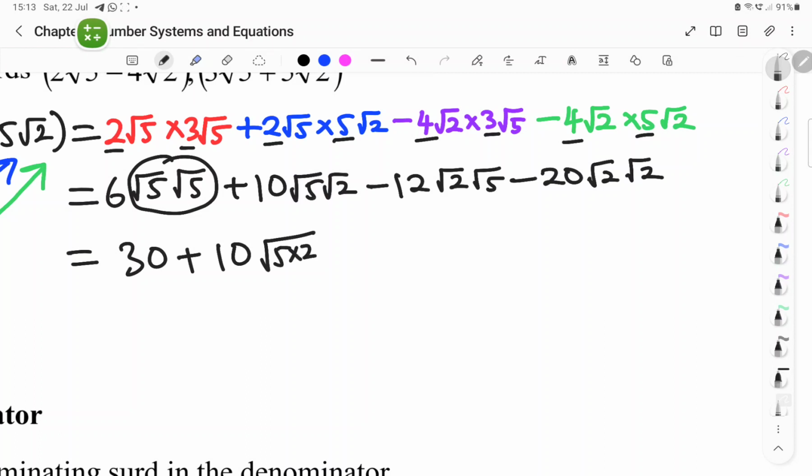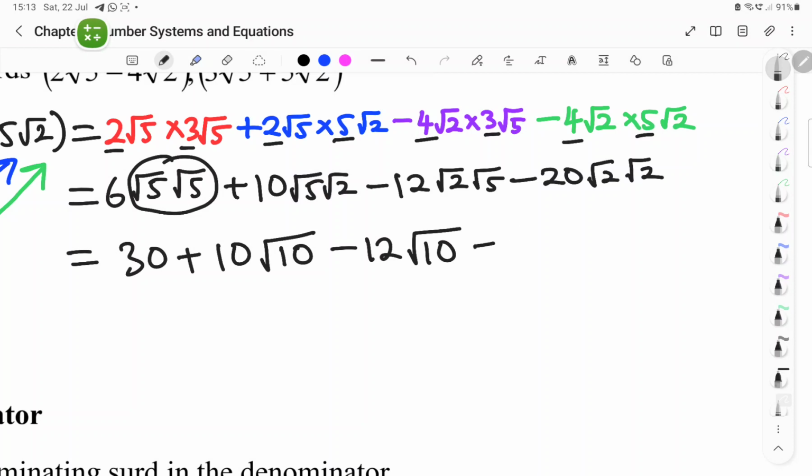Because they share the same root, we can multiply them together inside the same root. So to have square root of 10. And then this one minus 12. You see 2 multiplied by 5 also resulting to 10. I didn't write the 12 earlier. Okay. Now I corrected it.